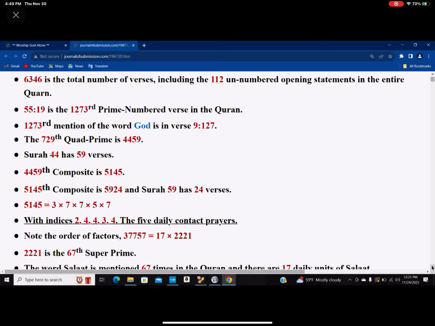That means its index is also prime. The index of this prime number 2221 is actually 331, but 331 happens to be the 67th prime. So this one is the index of the index. Okay. So that's the 67th super prime.